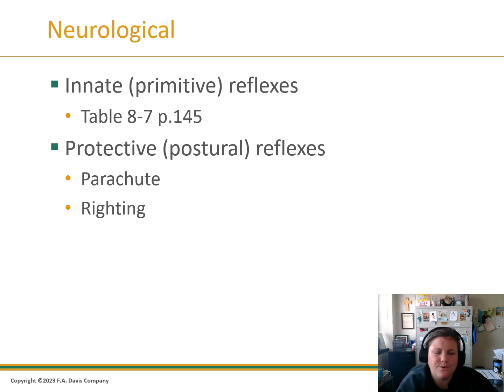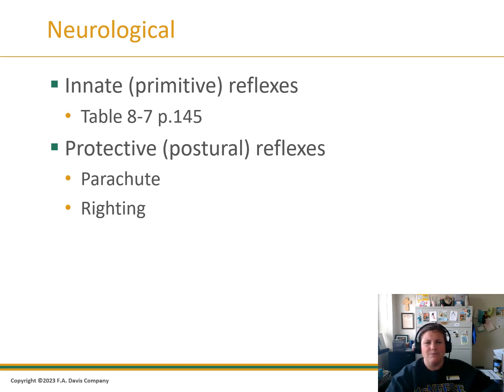The protective or postural reflexes are not present since birth. Those are going to develop over time and usually start to develop as some of these primitive reflexes are resolving or going away. The two that I want to bring attention to, examples of protective or postural reflexes, are called parachute and righting. Parachute is pretty easy to understand.